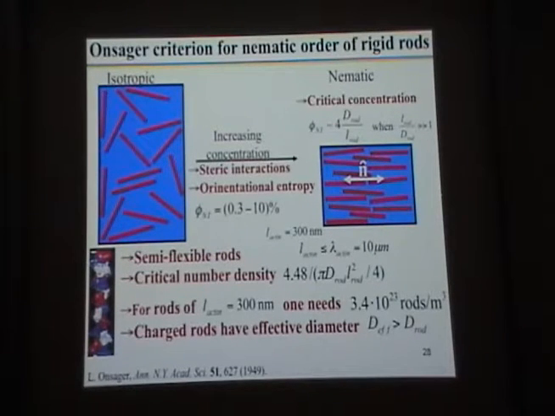So this value of concentration is something of the order of 4 times the ratio of diameter to the length of such a molecule, right? And so as soon as you go beyond this critical concentration, you observe spontaneous formation of the liquid crystalline ordered state.